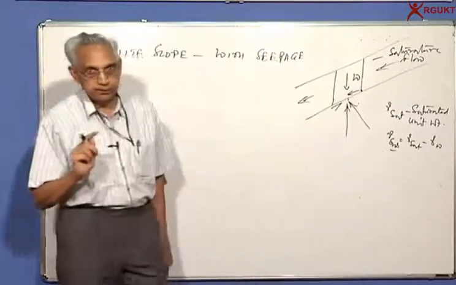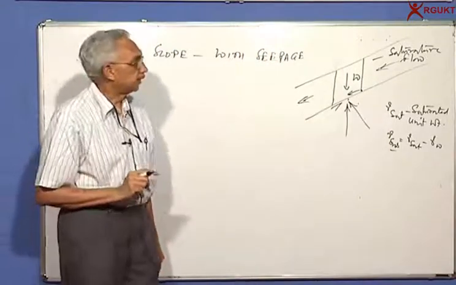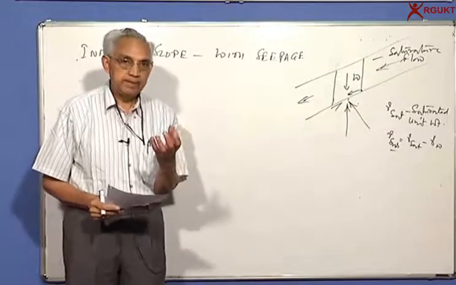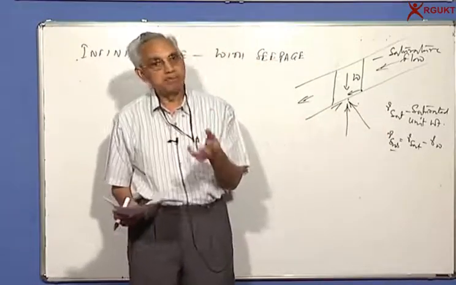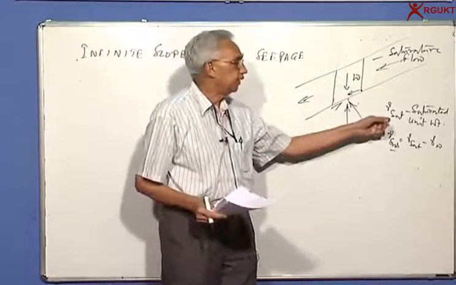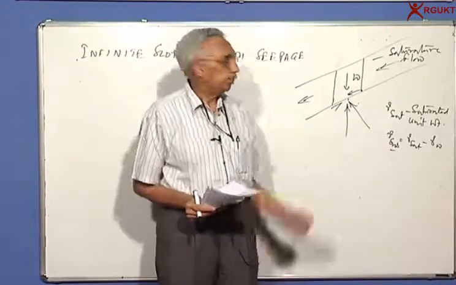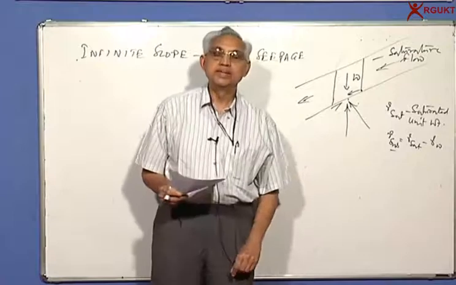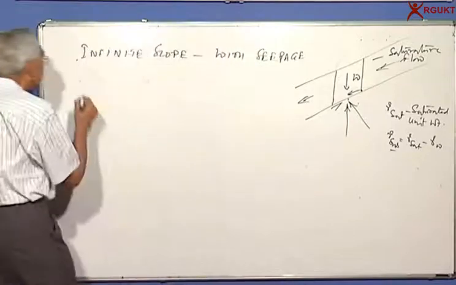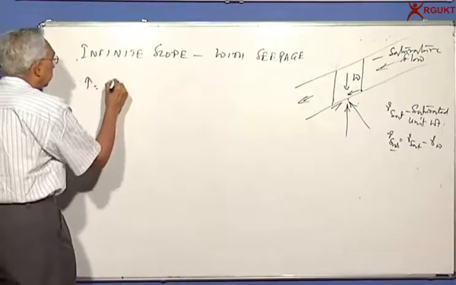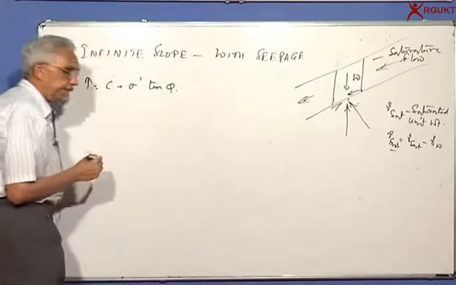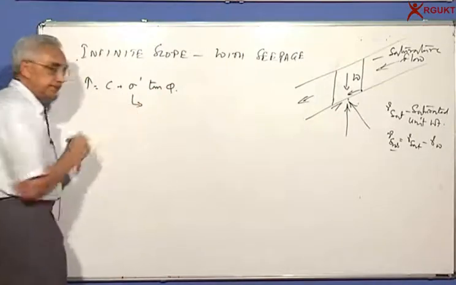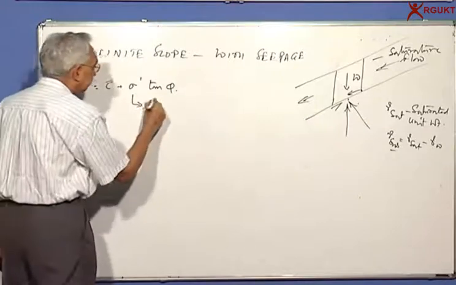Here I would like you to realize one thing. When I look at the weight, I need to look into the total weight, weight of the soil and weight of water, so I will take gamma saturated. But when I'm looking at strength, and if you remember, we said that tau is equal to C plus sigma tan phi, because now it is saturated, I would like you to consider only effective stresses.